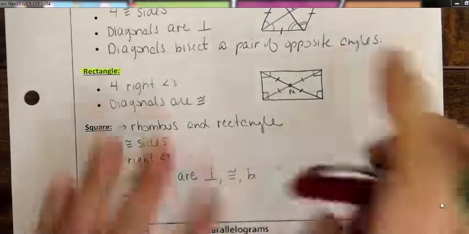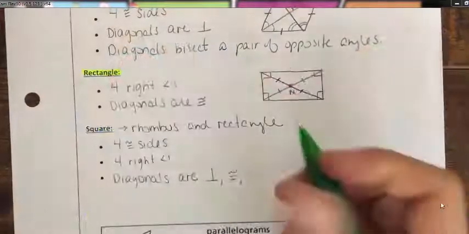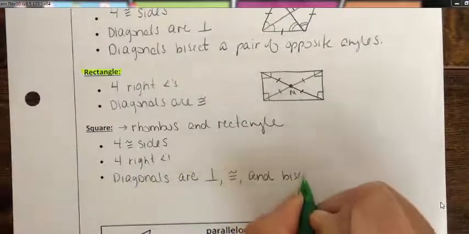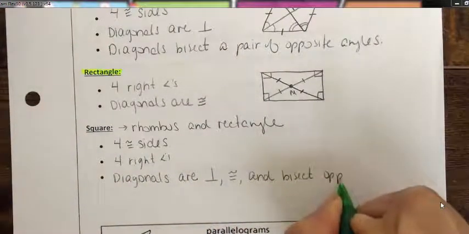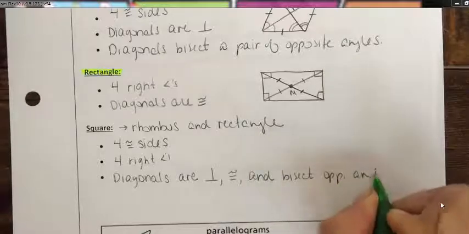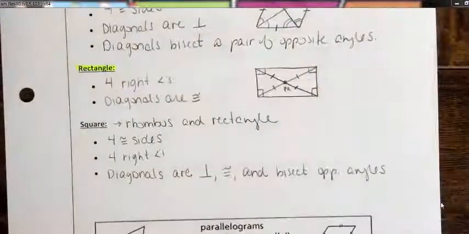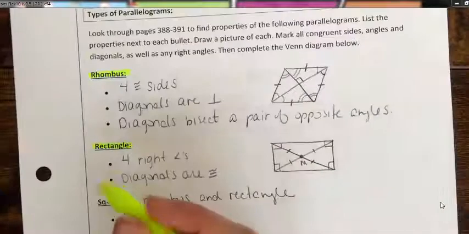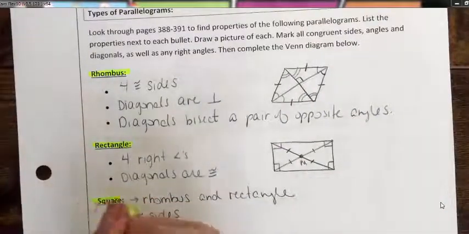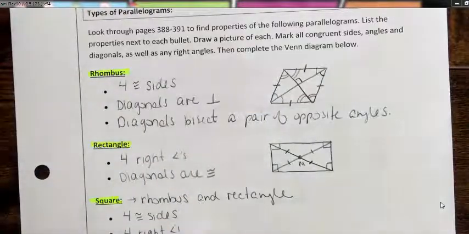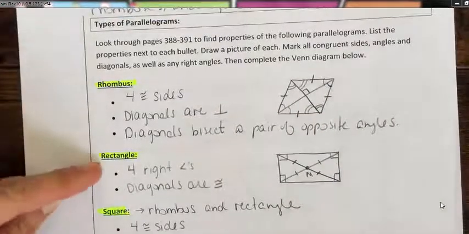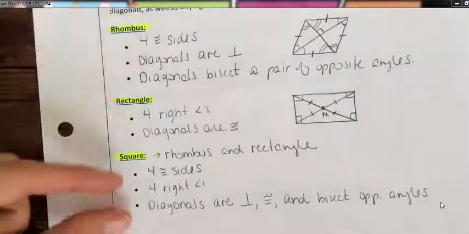And they bisect opposite angles. Okay, so that's the square. So there's your 3 special types of parallelograms, and you need to know all the different properties of these special types of parallelograms. And basically, if you know the rhombus properties and the rectangle properties, you just combine those to get the square properties.